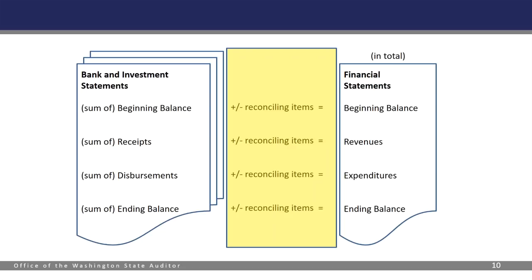There's these reconciling items. That's what the Schedule 6 shows, and that's what auditors are going to look for. That's what they are concerned over. So you're telling us, one, here's what happened to our bank accounts. Then your financial statements tell a different story. The Schedule 6 shows that in between. It shows us those reconciling items.